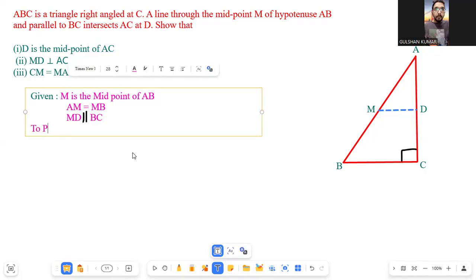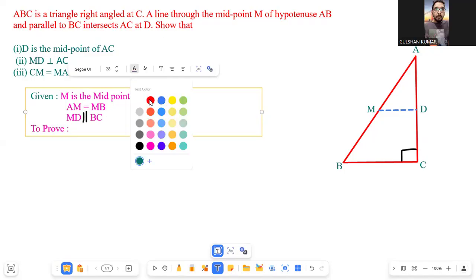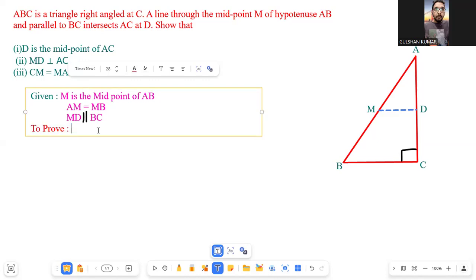Then what do we have to prove first? That D is the midpoint of AC. So now the solution, or we should say the proof.